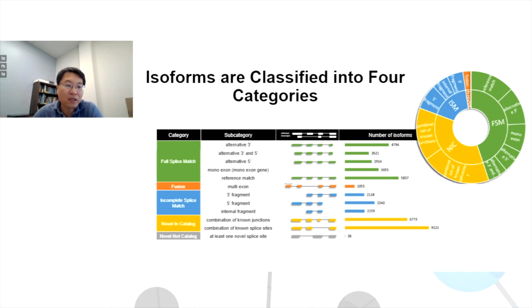And the last one is fusion, meaning a transcript that spans two different genes. So, to remember quickly: the green and the blue are known isoforms, the yellow and the gray are novel ones, and the purple and the orange are fusion.